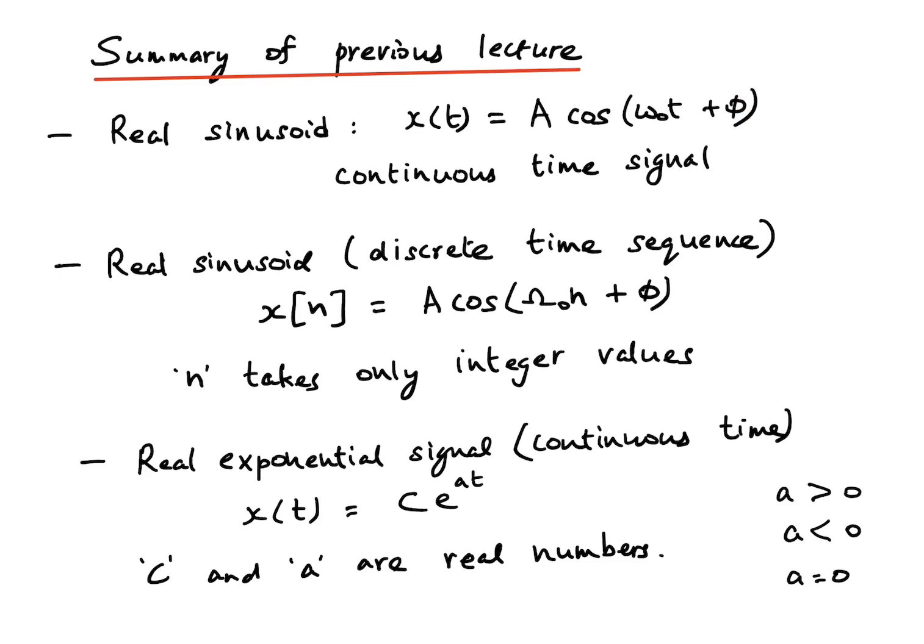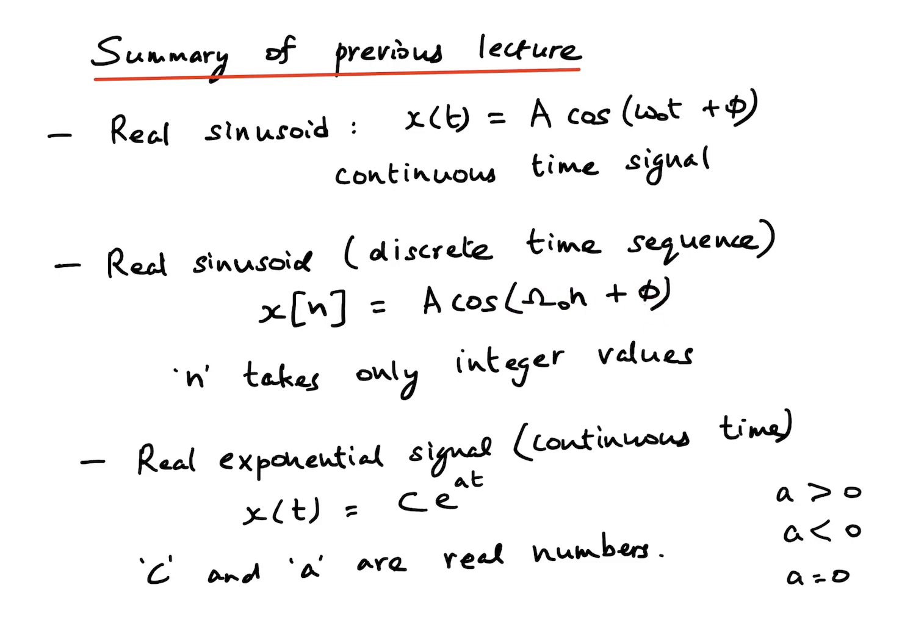Similarly, we saw the discrete equivalent of the real sinusoid, denoted as x of n in square brackets, which is equal to A cosine omega naught n plus phi or theta again.